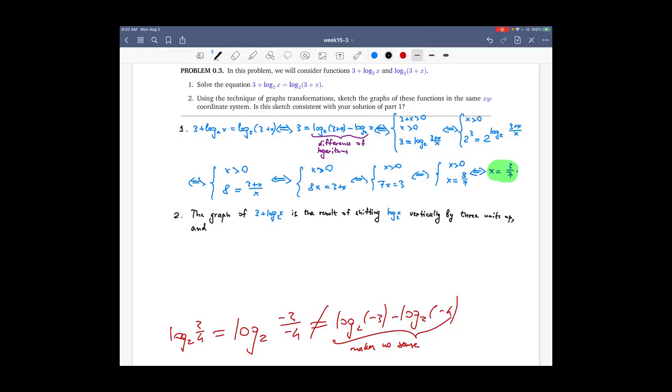and the graph of the other function, log 2, 3 plus x, is the result of shifting log x base 2 by 3 units to the left.